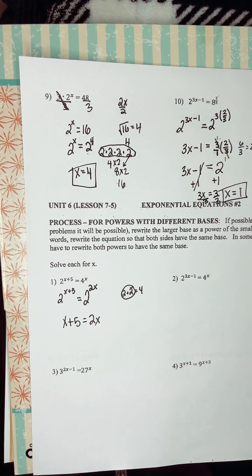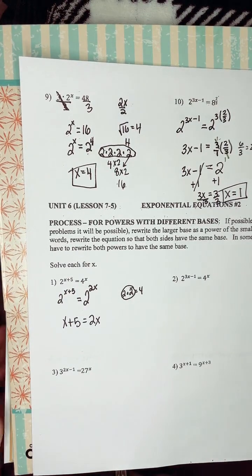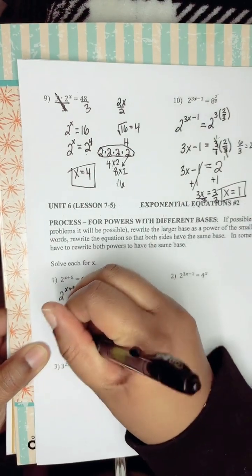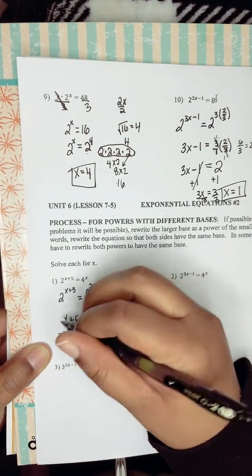If we want to solve for x. This is called simplifying? I think, no, it's just called solving exponential equations. So minus x. So we're going to minus an x from both sides.